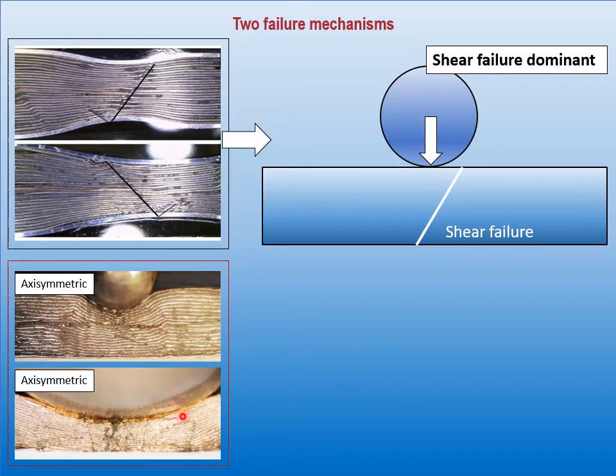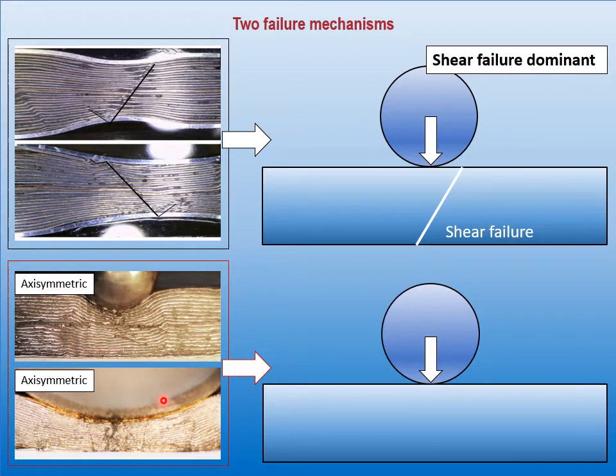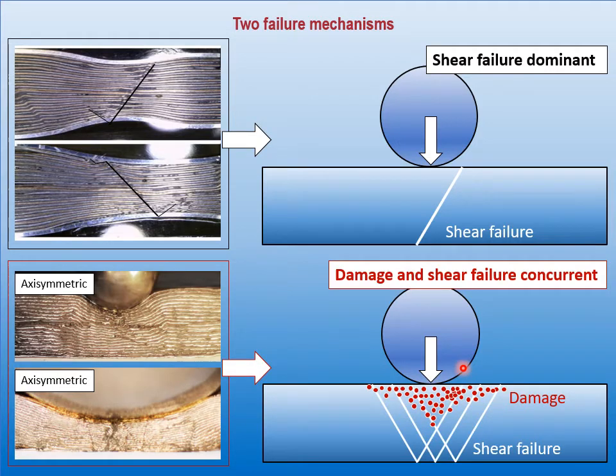When we change to a different punch radius, you can also see this kind of degraded region still there, but we clearly see the shear cracks with even multiple lines, either through thickness or not. That's why we conclude the second failure mechanism involves damage, referring to all these degraded micro cracks. In addition to that, we also have shear failure possible. That's why we refer to the second mechanism as the damage and shear failure concurrent mechanism.